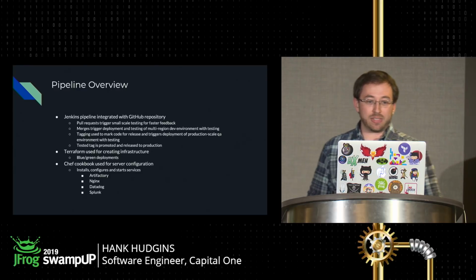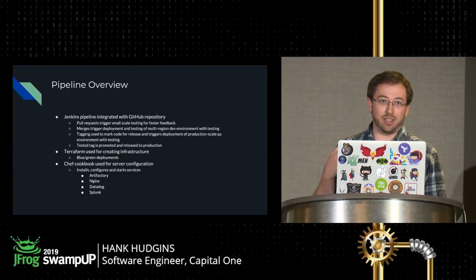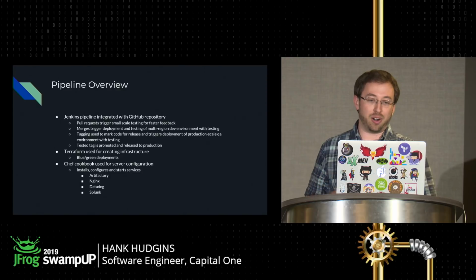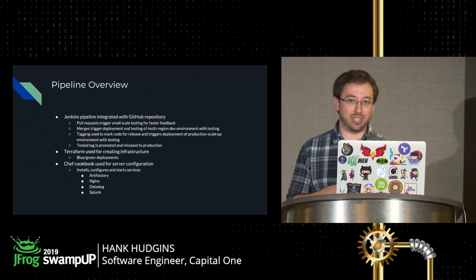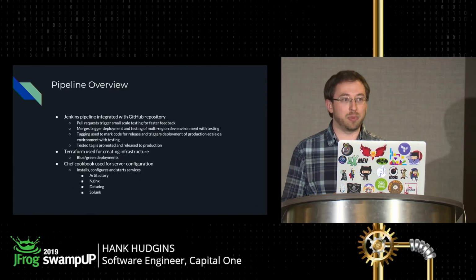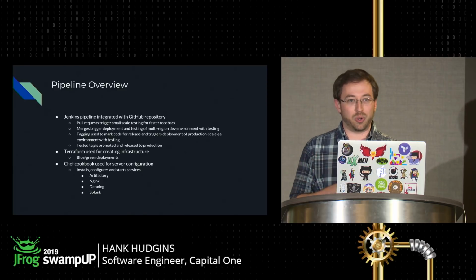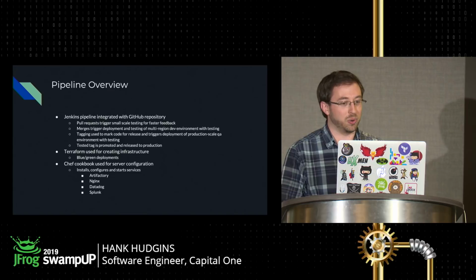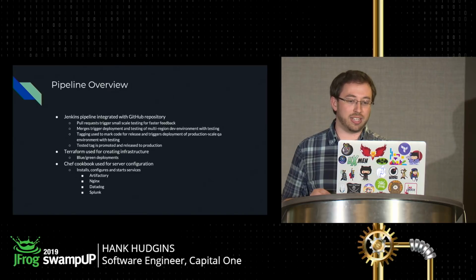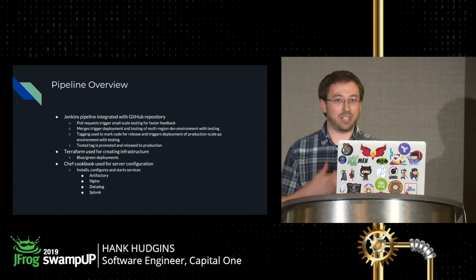So this overview here is how we set up our pipeline. We have a Jenkins pipeline that's integrated with our GitHub repository. Whenever we make a pull request into our main repository, it triggers some small scale testing for fast feedback.